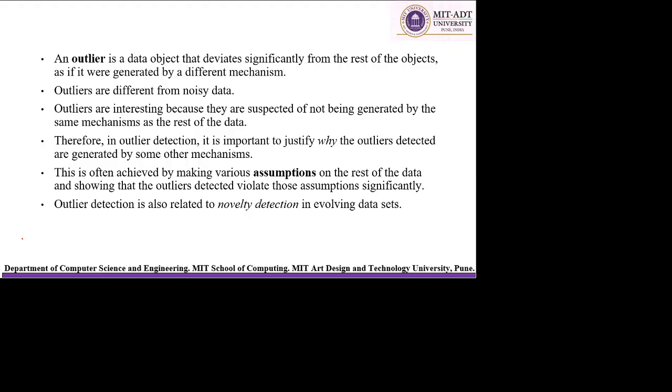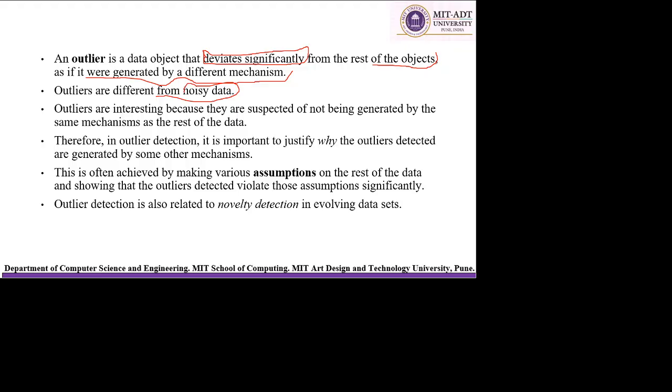So what is an outlier? An outlier is a data object that deviates significantly from all the other objects, as it may be generated by a different mechanism than the normal objects. So outliers are different from noisy data.